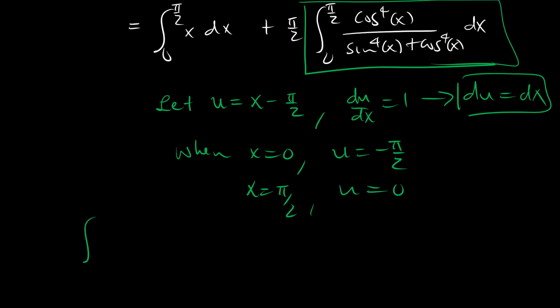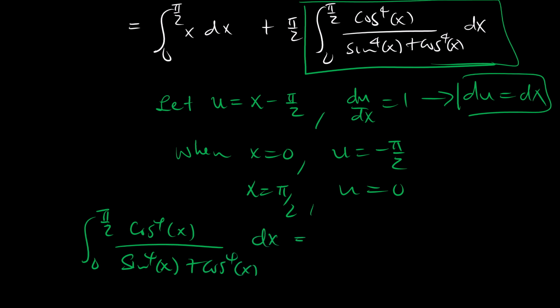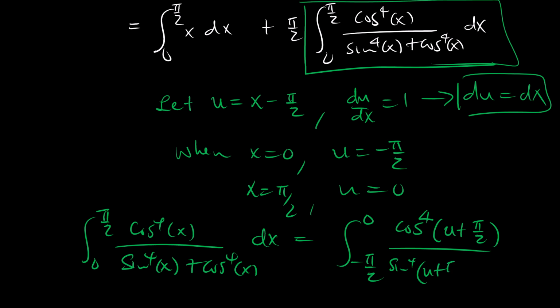So in other words, our integral from 0 to pi over 2 of cosine to the fourth of x over sine to the fourth of x plus cosine to the fourth of x would be equal to the integral from negative pi over 2 to 0 of cosine to the fourth of (u plus pi over 2) over sine to the fourth of (u plus pi over 2) plus cosine to the fourth of (u plus pi over 2) du.